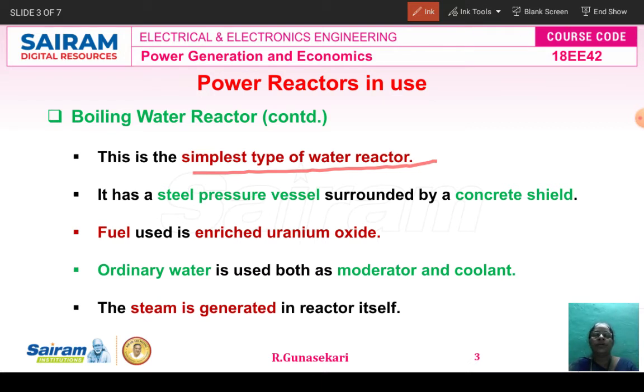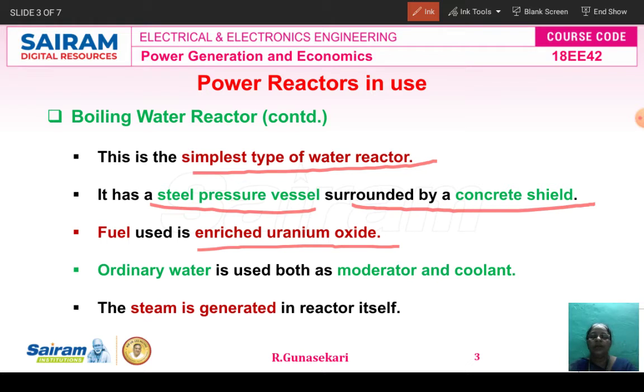The boiling water reactor consists of a steel pressure vessel which is surrounded by a concrete shield. The fuel, that means enriched uranium oxide, is used in the boiling water reactor. Ordinary water is used as both moderator and coolant. The steam is generated in the boiling water reactor itself.